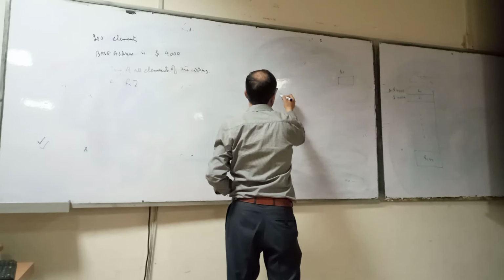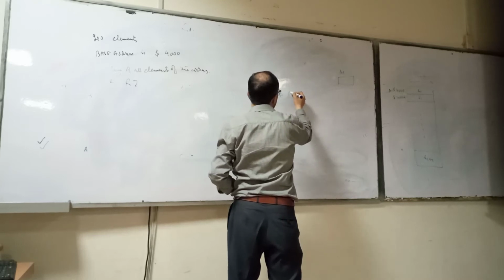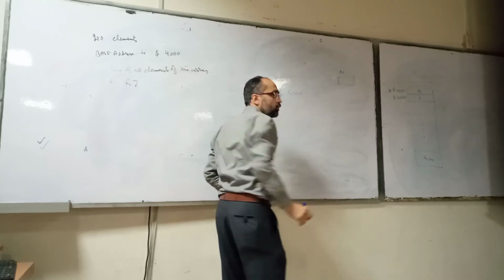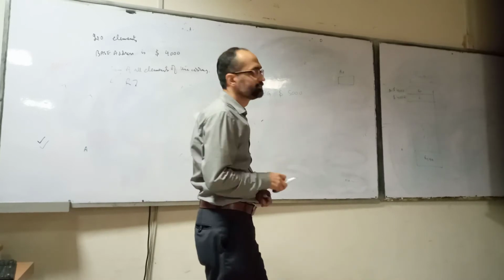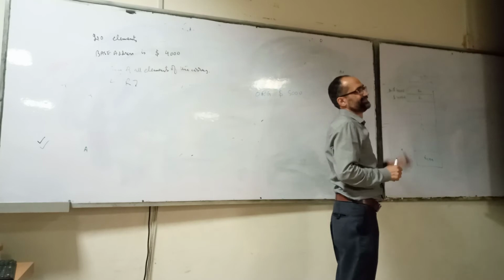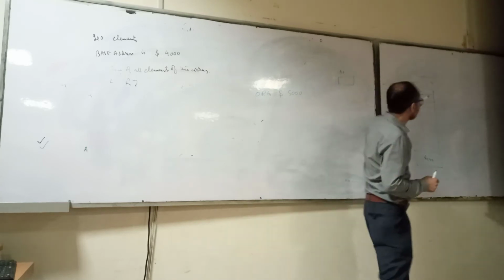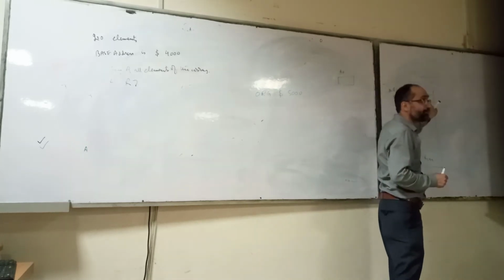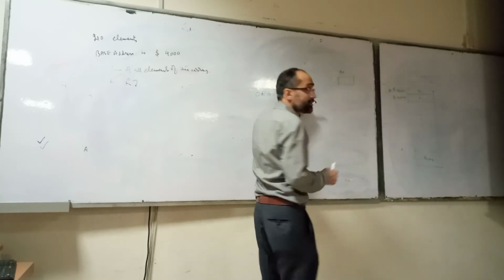ORG $5000. Now you are confused. The problem is this: this is the data, where element 0 and element 1 are stored. This is ORG 5000, and this is an instruction.